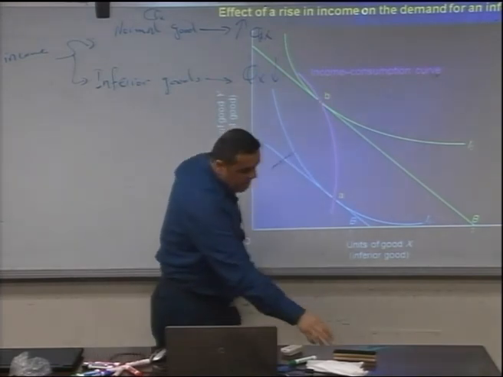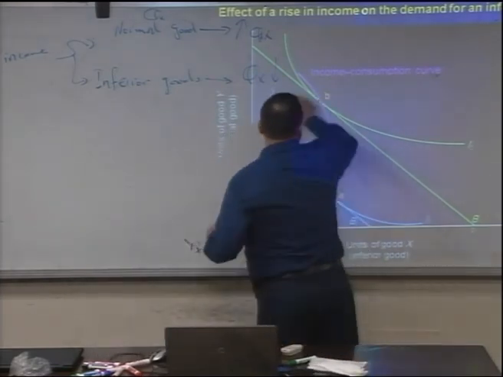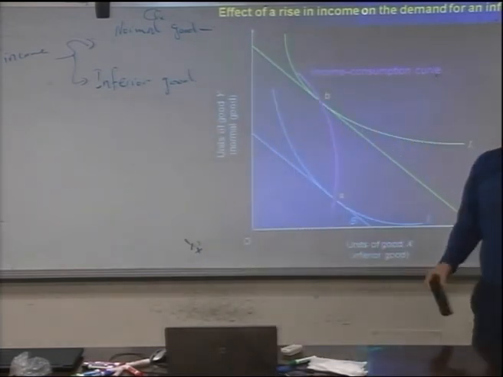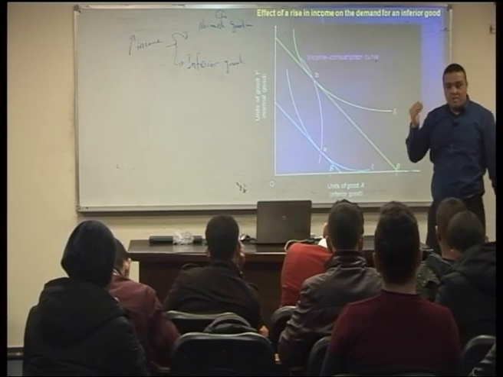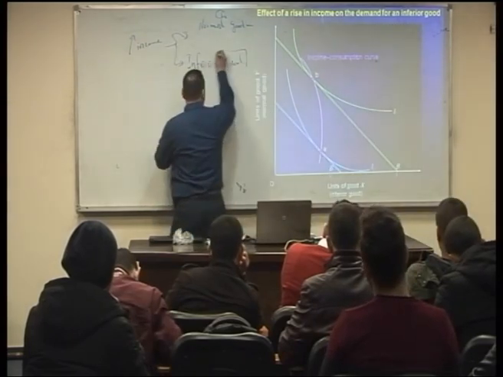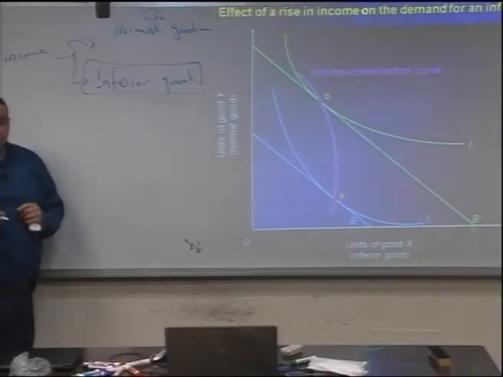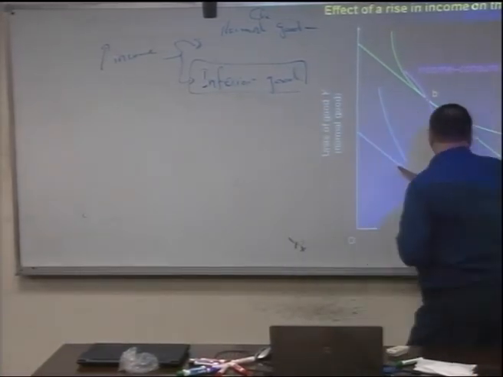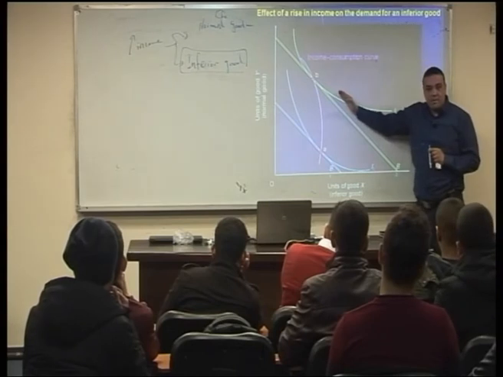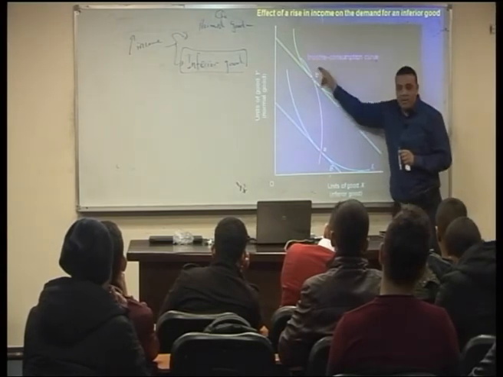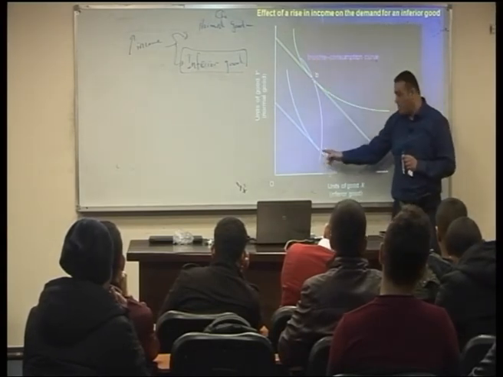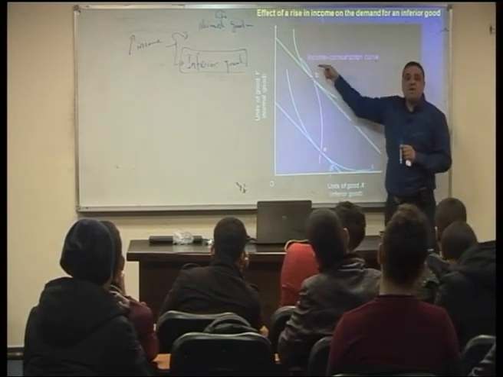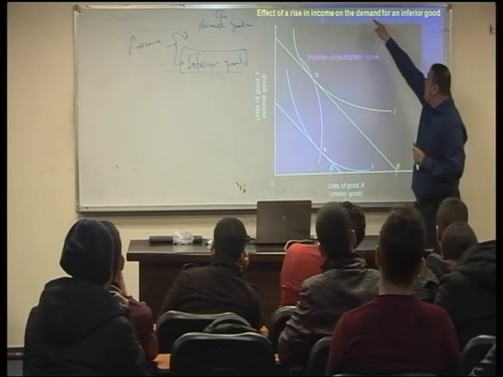What do you see here? This is the income consumption curve when the product is inferior. As the consumer's income increases, the budget line shifts right. We have a new equilibrium point. This is the original equilibrium point, point A, but where is the new equilibrium point if the good is inferior?